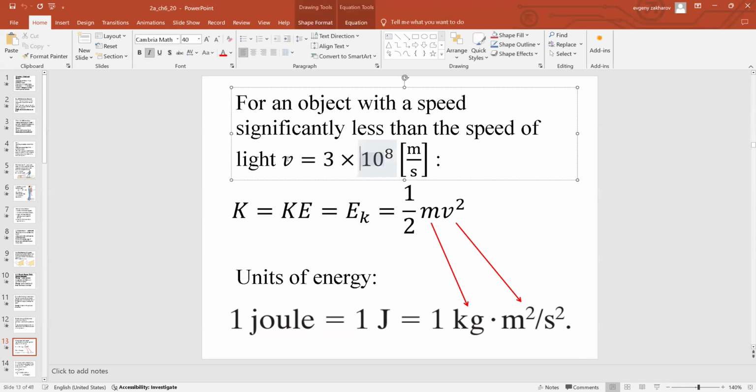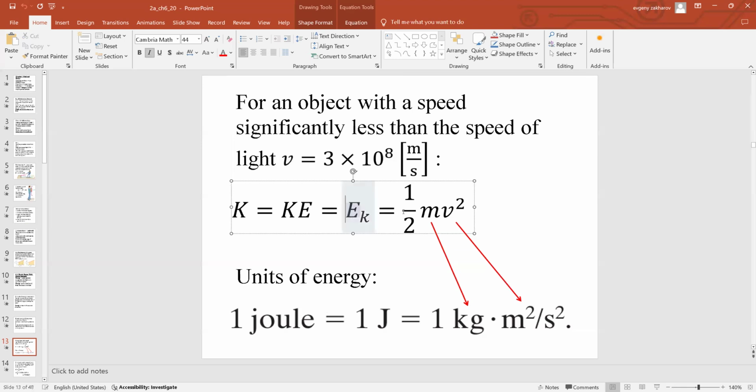Don't forget that in classical mechanics, we are limited by the speed of light. Once you travel close to the speed of light, this formula will need relativity coefficients.